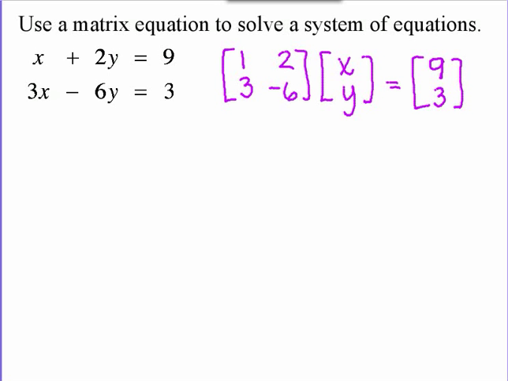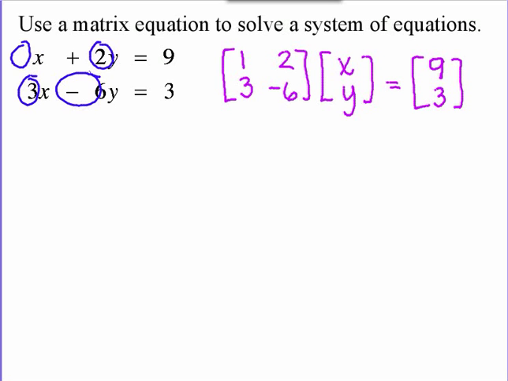Where did I get the 1? The x. Good. Where did I get the 2? The y. Where did I get the 3? The x. Where did I get the negative 6? The y.